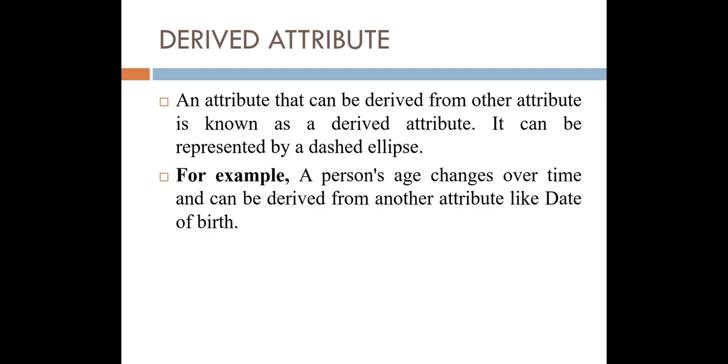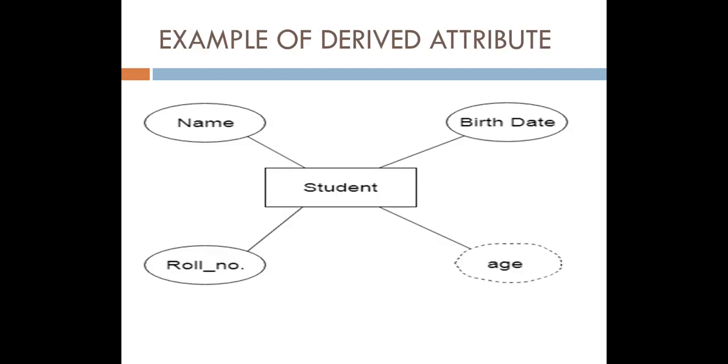Next point is the derived attribute. An attribute which is derived from another attribute is known as a derived attribute. It is represented by a dashed ellipse or dashed oval shape. For example, here age is taken as a derived attribute because we cannot calculate the age directly.